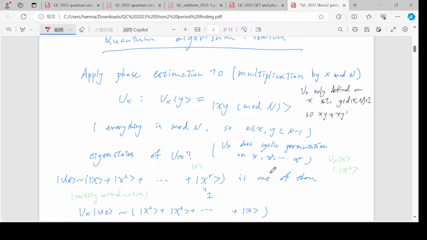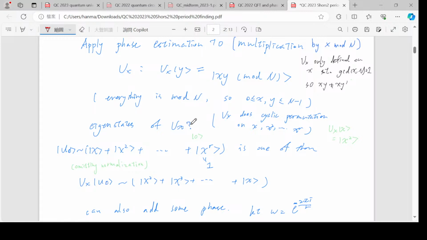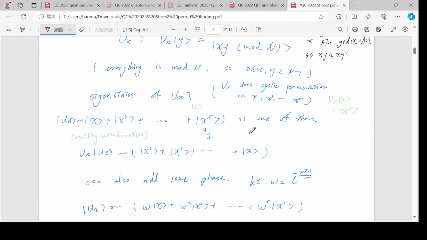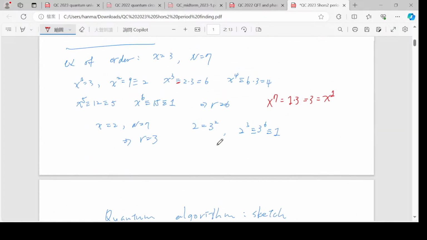Obviously 0 is an eigenstate of UX with eigenvalue 1 because everything times 0 is 0. But that's not too interesting. What we are interested in is the eigenstates of UX on those things that are coprime to N.